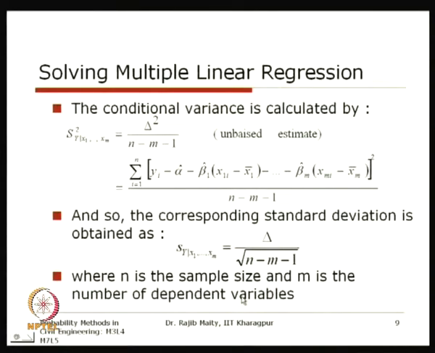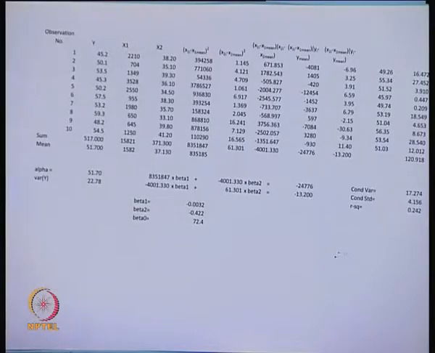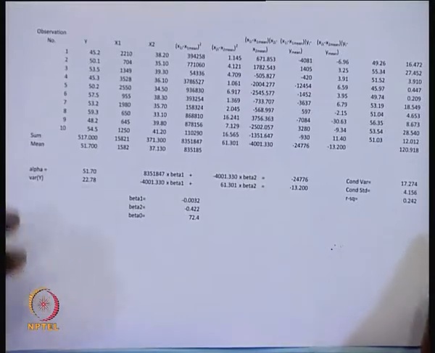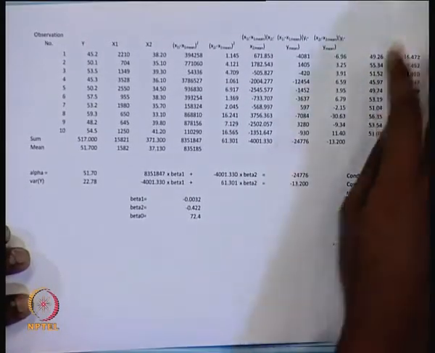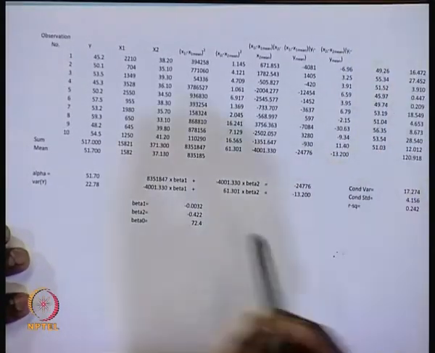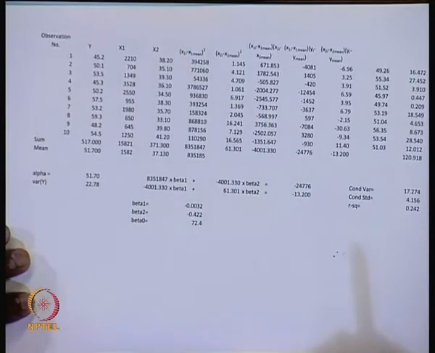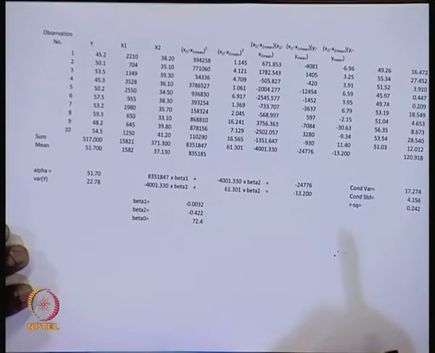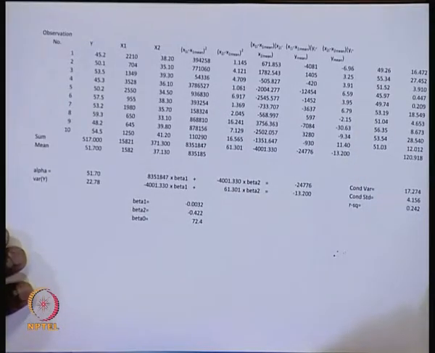Now we will take up one problem here. You can see that there are many applications in civil engineering problems. For this particular problem, for example, we are talking about the temperature with respect to its altitude and latitude.